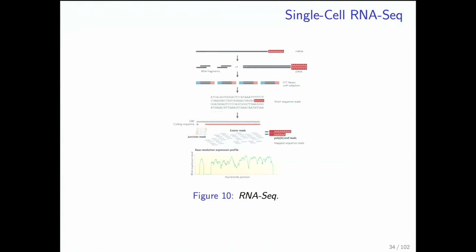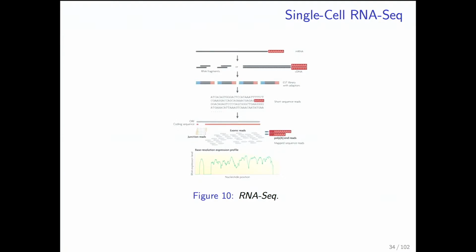So at the end of the sequencing process, what we have are millions of reads, and these reads are just sequences of 100 or so bases, ACGTs. And we then map back these short reads to the transcriptome. And the idea behind RNA-Seq is that when you count the number of reads that map to a particular gene, it gives you a measure of the expression level of that gene.